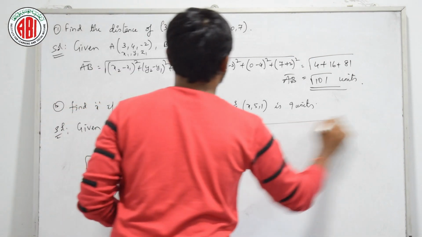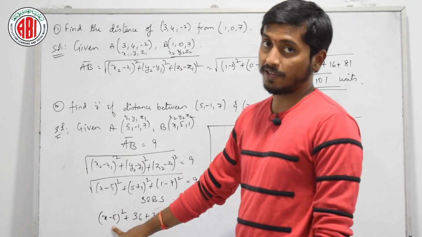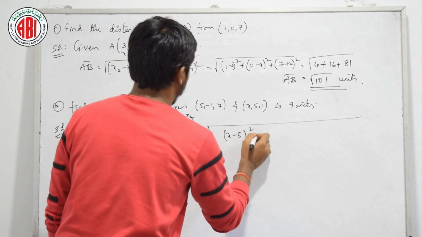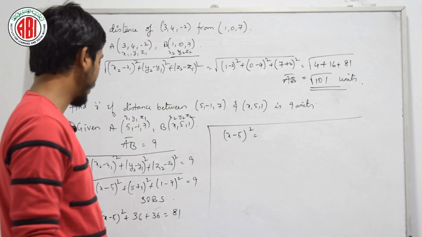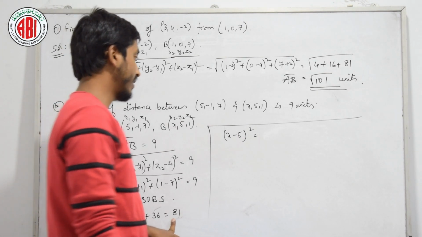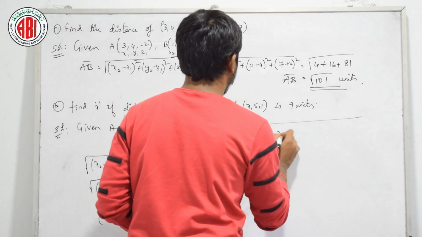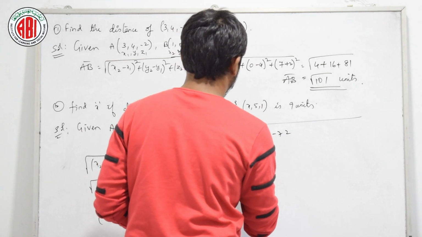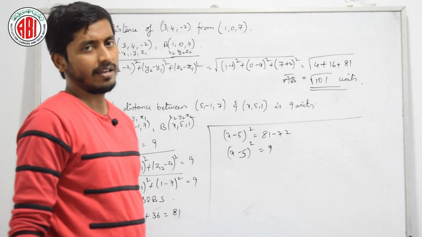Let us simplify it. What is (x minus 5) whole square? Or else let us put it like that only. We will check whether we will get something on the right side. 36 plus 36 is 72. 81 minus 72 is nothing but 9. Isn't it? Yes or no? Let us send the square to that side.